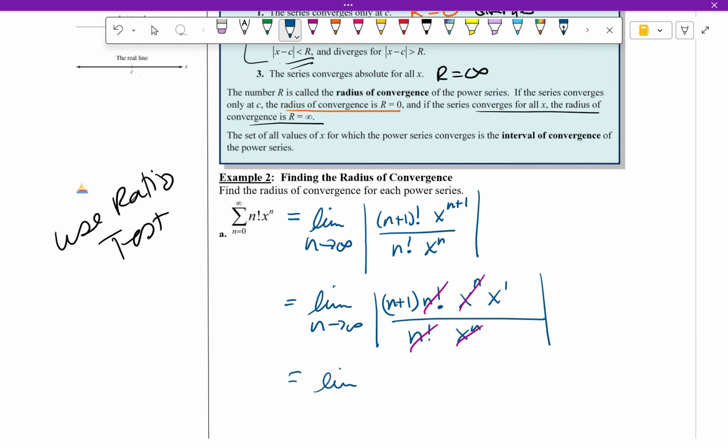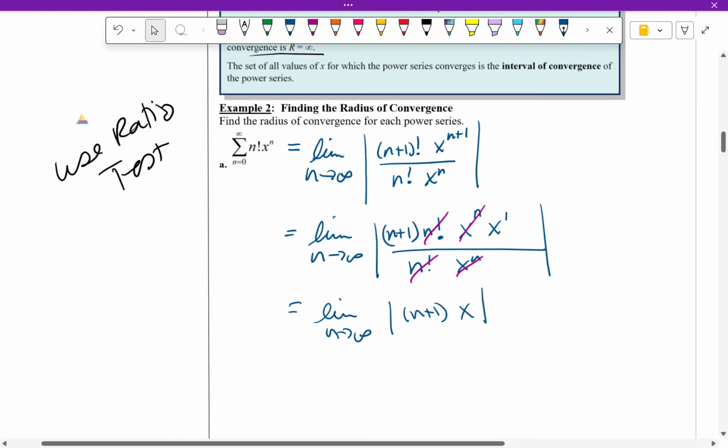I get the limit as n approaches infinity of (n plus 1) times x. Okay. I'm going to go ahead and apply my limit. What is the only variable I am plugging in for that limit? n.